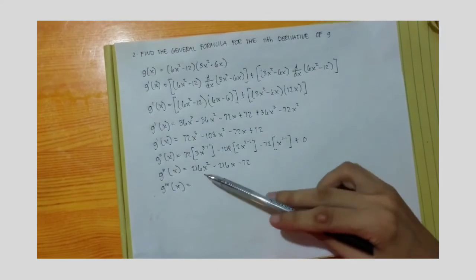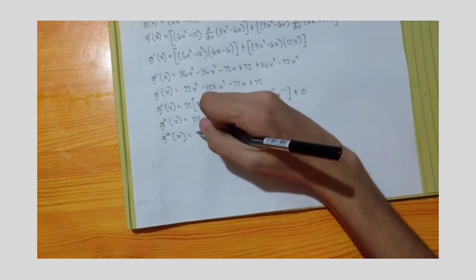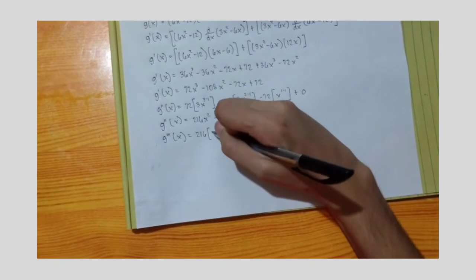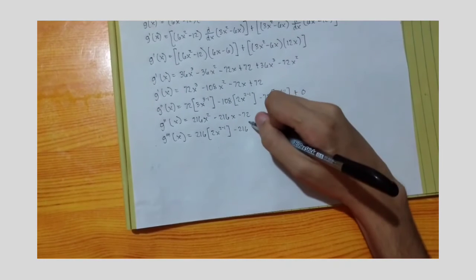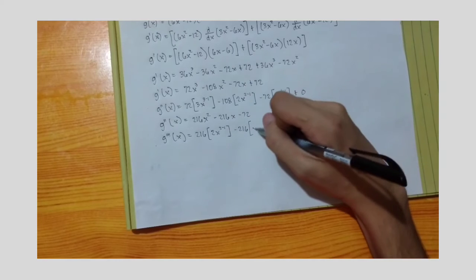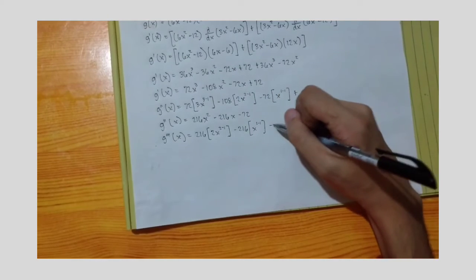By applying theorem number 6 again, we will have 216 times the quantity of 2x raised to the power of 2 minus 1, minus 216 times the quantity of x raised to the power of 1 minus 1, which is equal to 0.